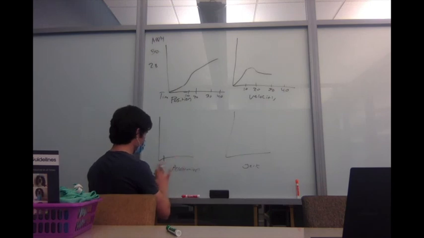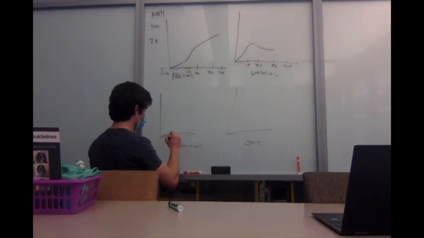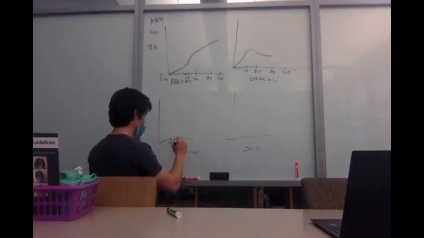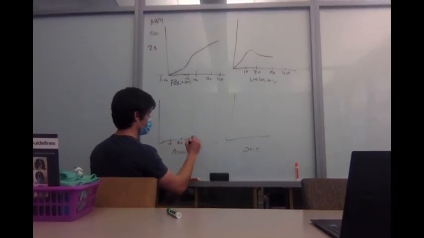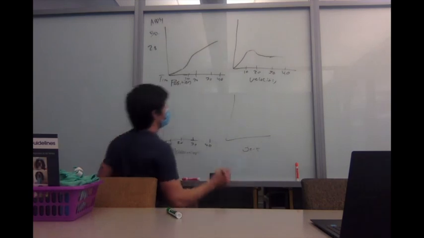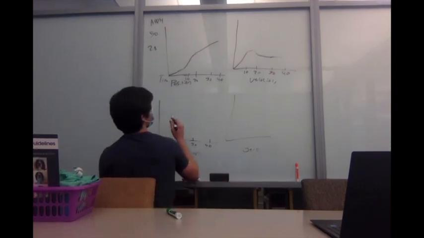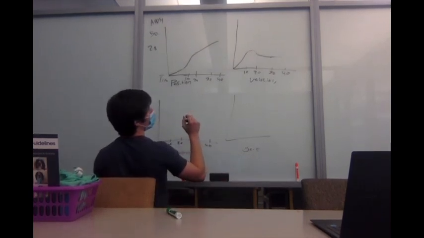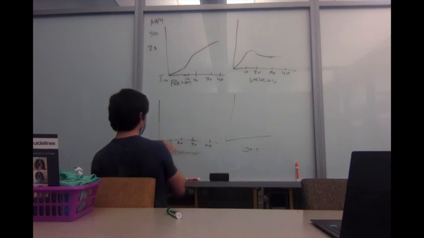And then the acceleration would just be that. Can the computer see my acceleration graph? Yes, it can. And then this is just like that. And so the acceleration graph is going to look relatively similar in the beginning.